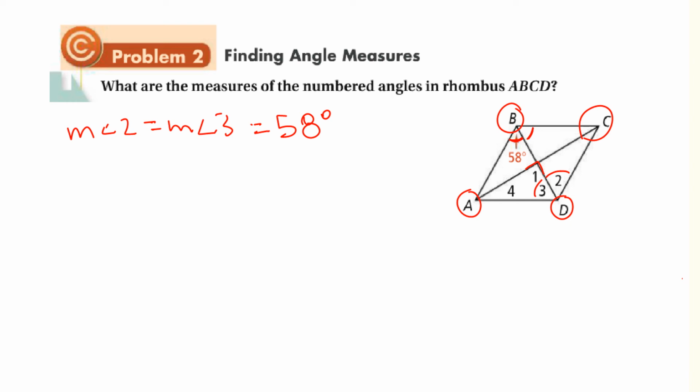Do you remember from our previous page, if you need to go back and take a look at that? If we recall, the diagonals bisect each other perpendicular. If that's true, then the measure of angle 1 is 90 degrees.